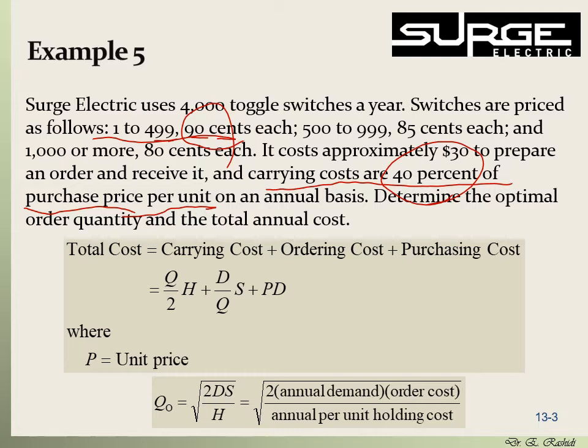But if they order between 500 and 999, the price would be 85 cents, and the carrying cost would be 40% of 85 cents, which is 34 cents. And so on and so forth. It's going to be different if they purchase 1,000 or more. They're going to get 80 cents each, so the carrying cost would be 40% of 80 cents, which is 32 cents.